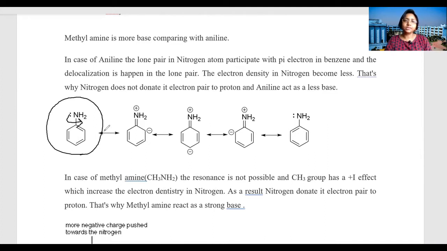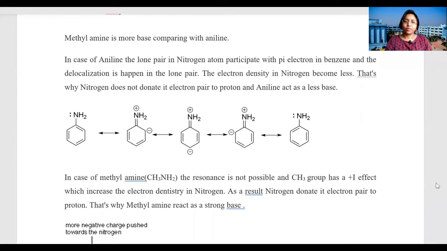In this way, the negative charge moves throughout the structure, delocalized. So it is not much available for protonation.